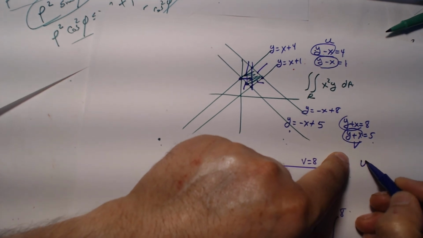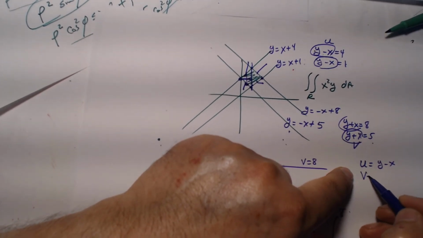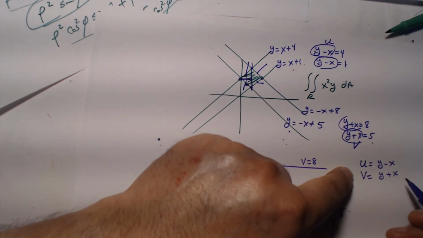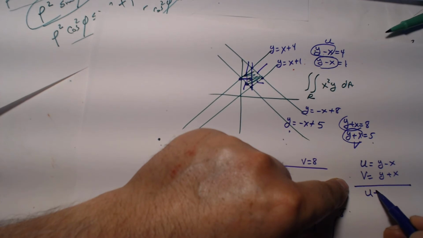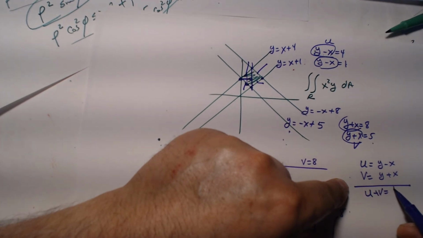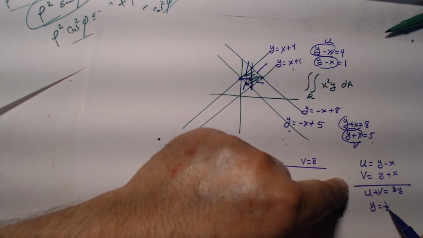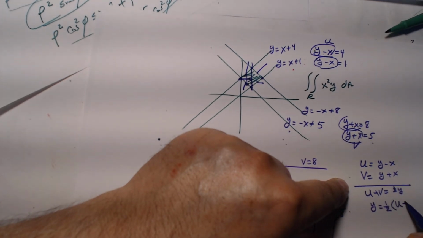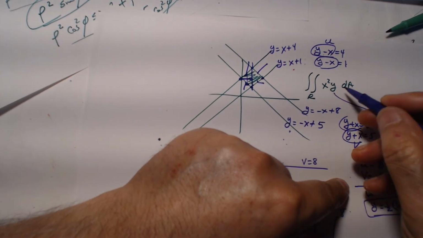Remember, u was y minus x. v was y plus x. If I combine these equations, u plus v is 2y. Then my y is 1/2 of u plus v. I know what my y is.